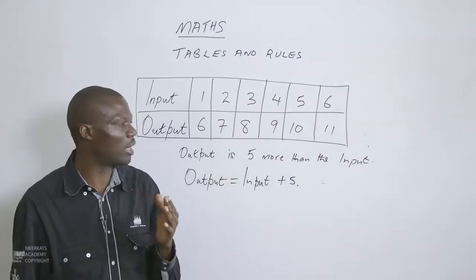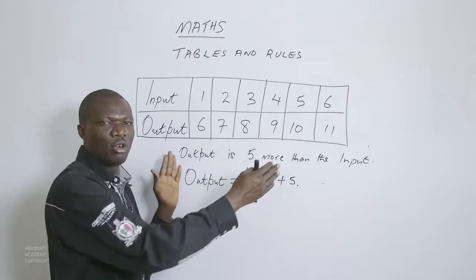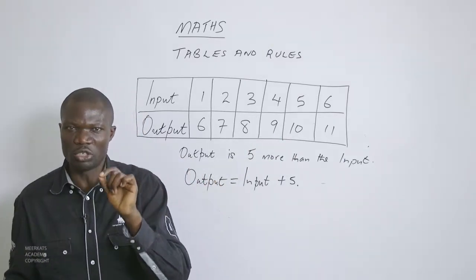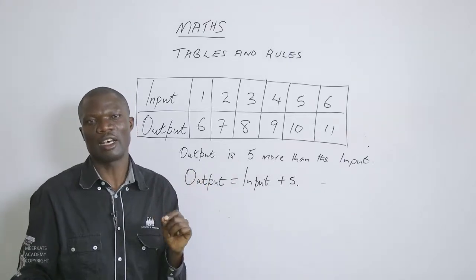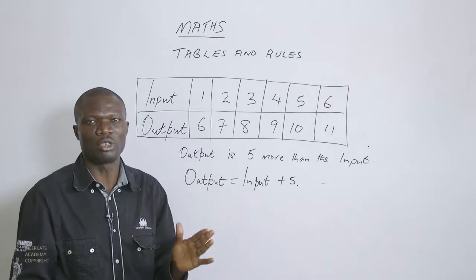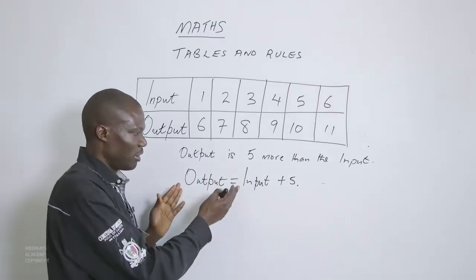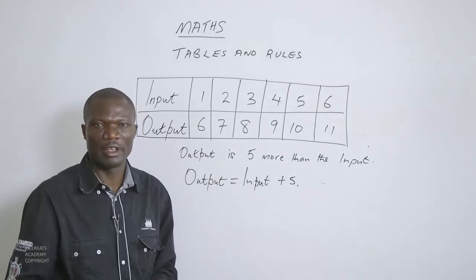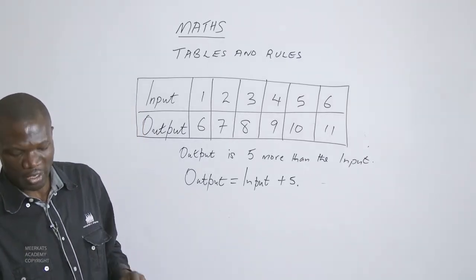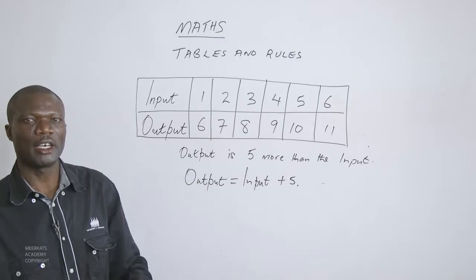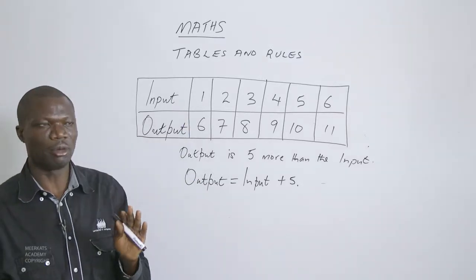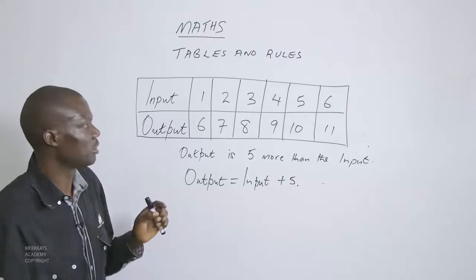So when we have the table of values clearly put down, it's your duty to inspect and identify the values, substitute in and find the output. Then from there, inspect it and come up with the rule. So let us look at some of the exercises and examples where we apply these tables and rules.